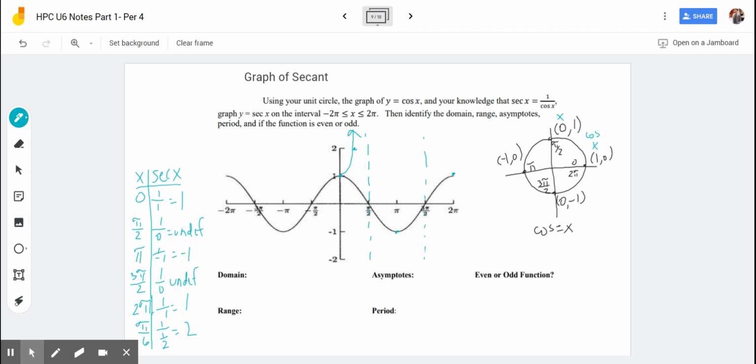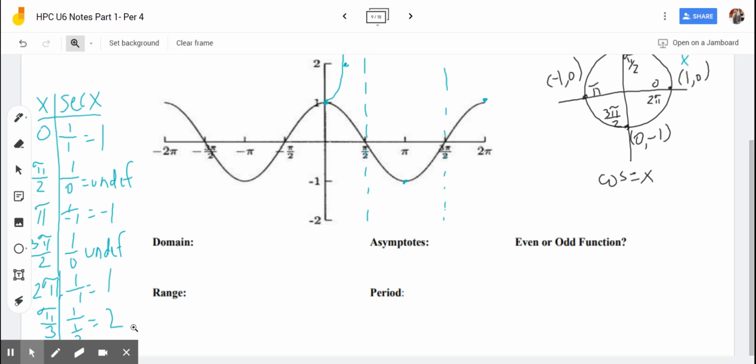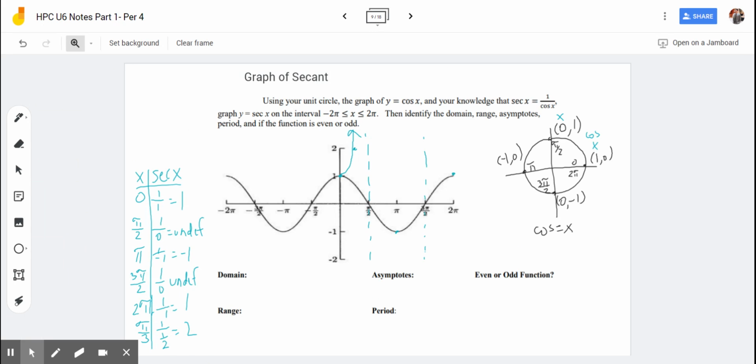And we see that it's going to kind of look like a parabola here. And same thing at, sorry, this should be pi over 3. Sorry, guys, the value should be pi over 3. It's going to be 1 over a half, which is going to be 2.